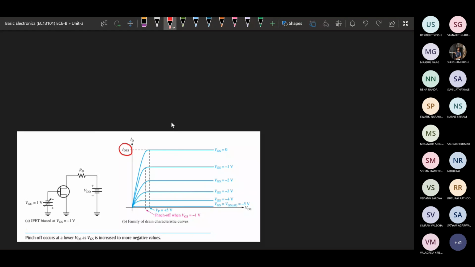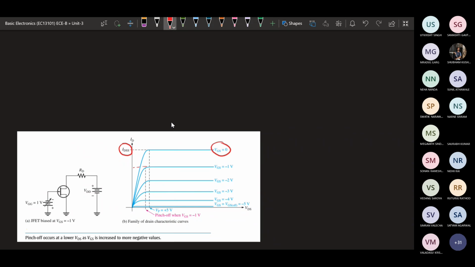For the other curves, this will not be IDSS, even though pinch off also takes place. IDSS is the current flowing at pinch off when VGS equals 0.